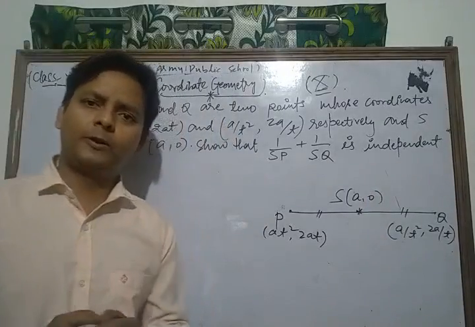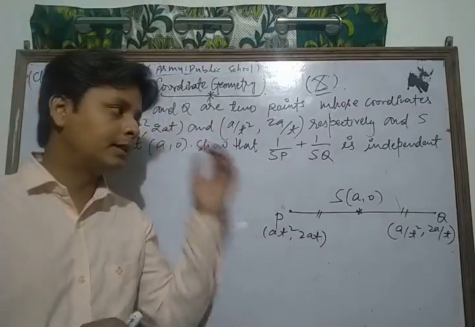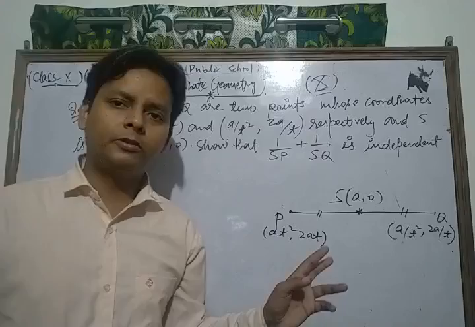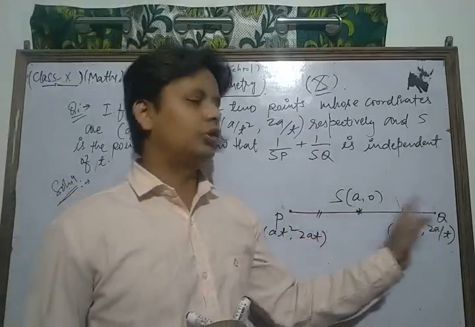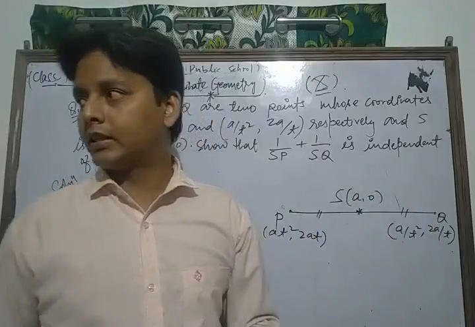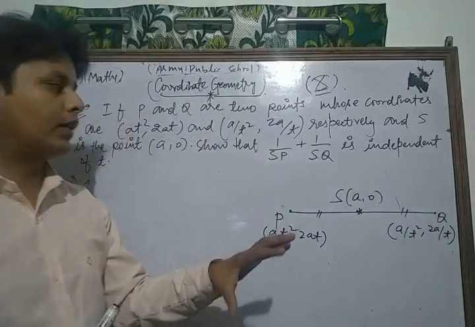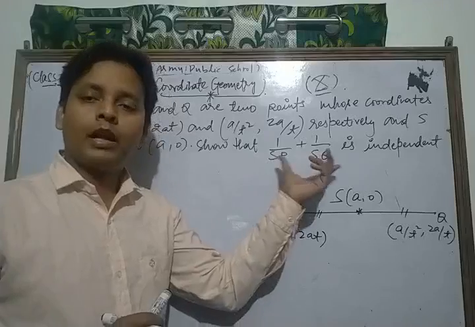So first of all, we find the distance SP, then we find the distance SQ. After finding SP and SQ, we put these values in the expression and simplify.